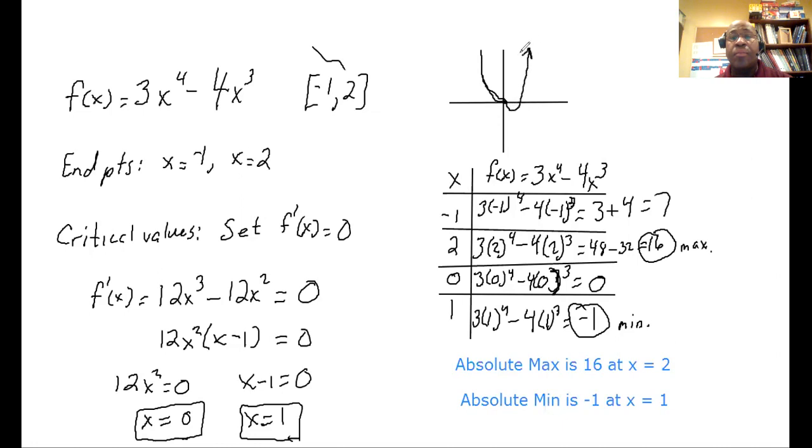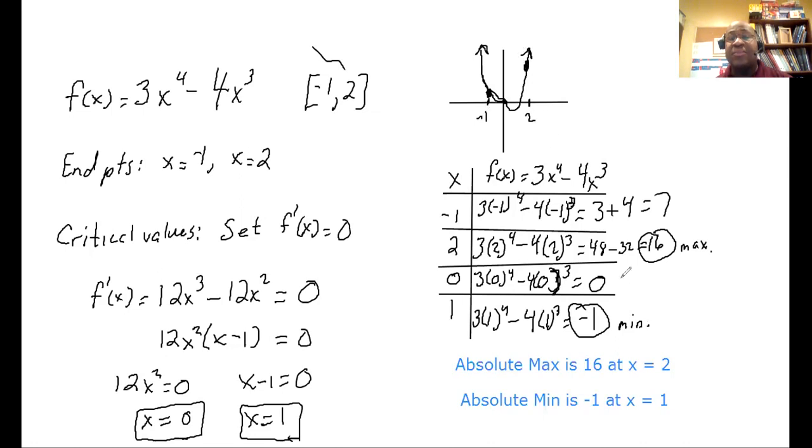In this particular instance, we're looking at the interval from -1 to +2. We can see in a rough way here that -1 was one of the endpoints. +2 was the other endpoint.